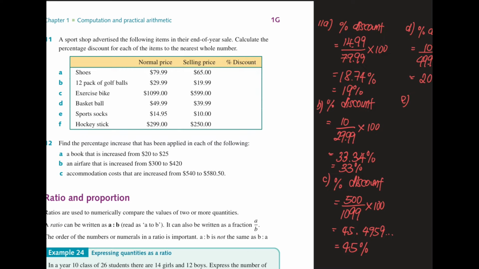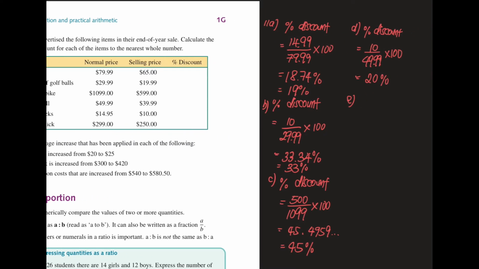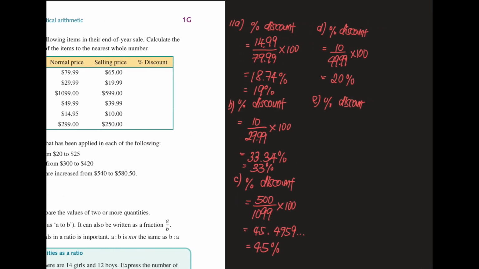And then E, part E, sports socks, $14.95. Minus with $10, so you get $4.95. That is the discount. The percentage discount.